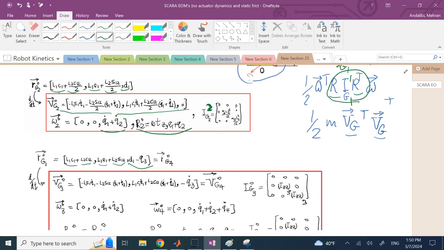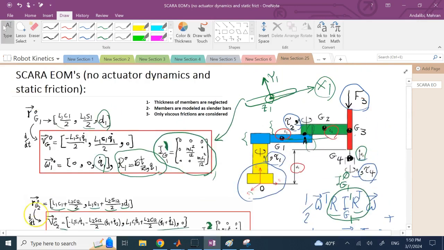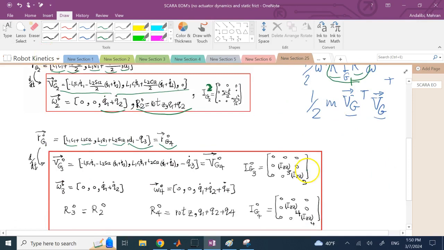This is also R of G4 if we neglect this dimension here. If you want to include that dimension, you can give it some parameter, like D4 or L3, a constant, and then it would be minus L3.